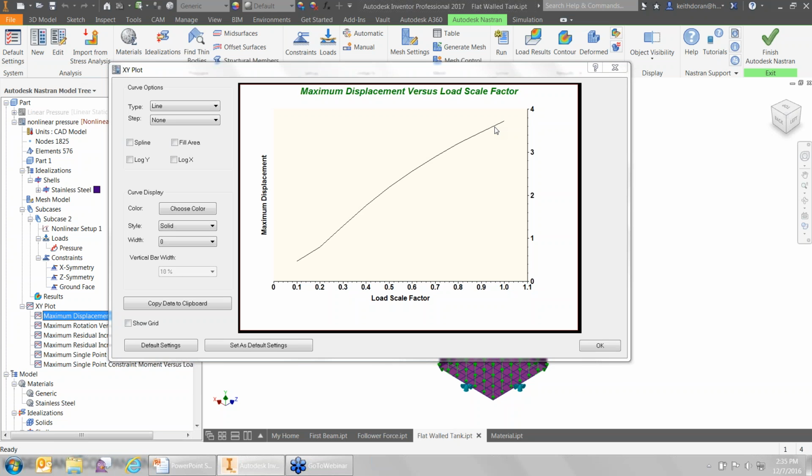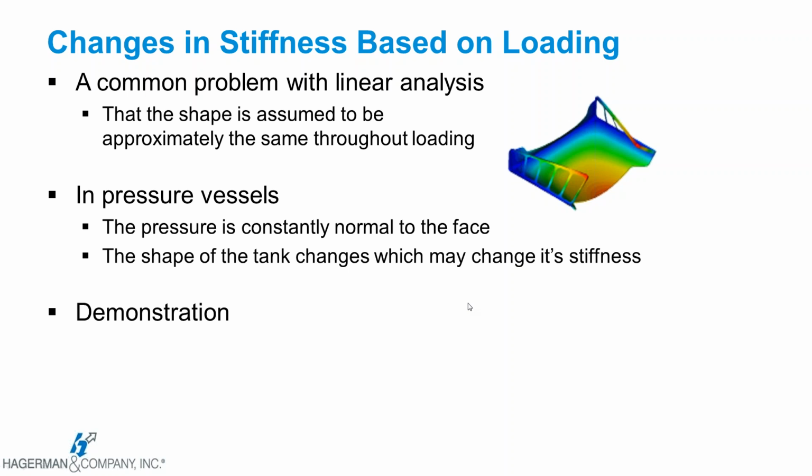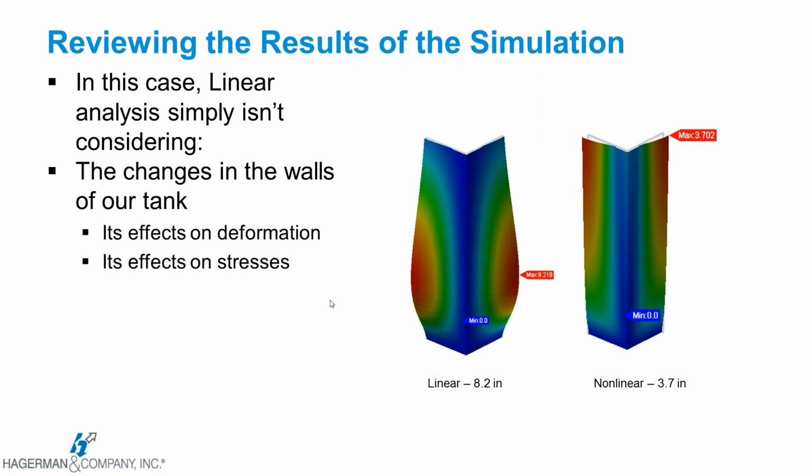And then beyond that, the stiffening or strengthening of the part based on the shape deformation is being taken into consideration due to the incremental system in play here. And again, the way that the tank changes based on the pressure is just completely ignored in that linear analysis.